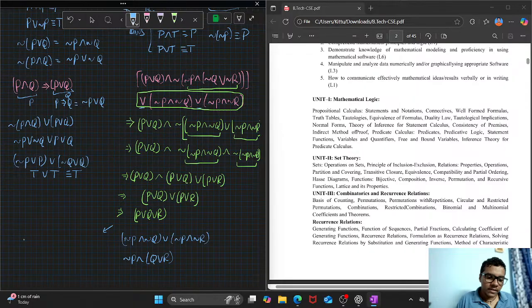So what do we do here? Let's common out that negation of P or Q or negation of P or R actually, right? And if you common that negation out again, you got negation of P or Q, negation of P or R. I mean, applying the reverse of De Morgan's law here.